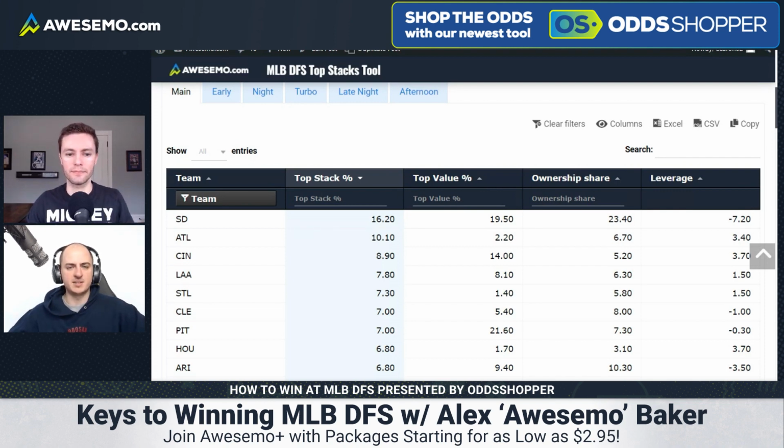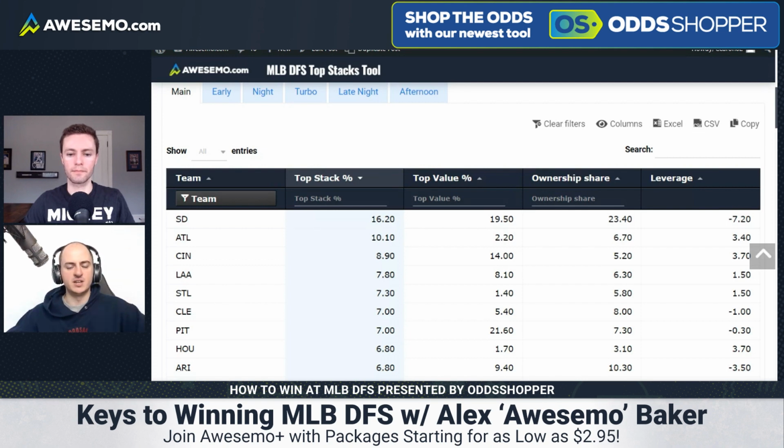So the top stack percentage is out of 100%, obviously. It means that San Diego, 16% of the time, is going to be the highest scoring stack. And I think it's usually safe to say that the highest scoring stack is going to be the winning stack in a GPP.